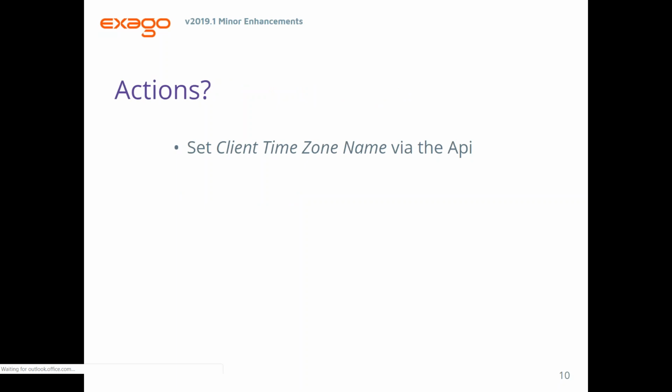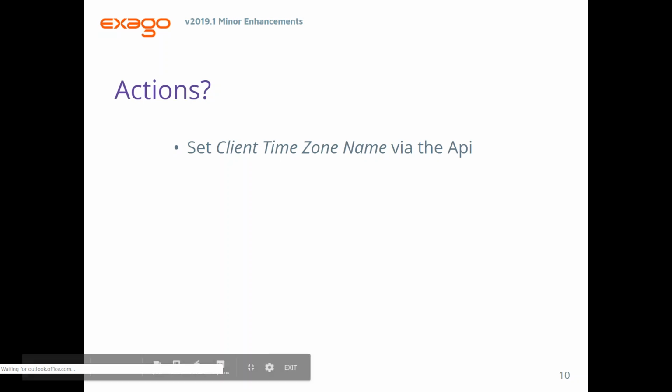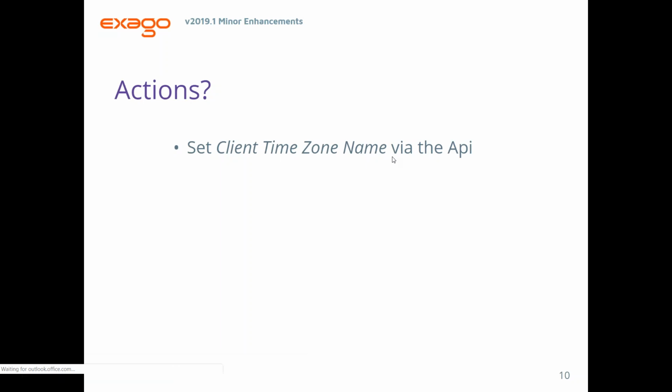So as a user is launching Exago, the host application uses either the REST or the .NET API to launch Exago. We've covered this in a past lab as well. If you want to check it out, we can link that as well. One of the things we're definitely going to recommend you set here is the client time zone name. That property is going to tell Exago, this user is in this particular time zone. Please set this accordingly.